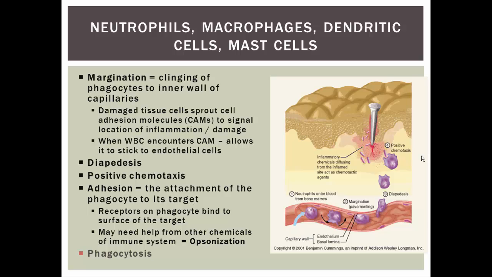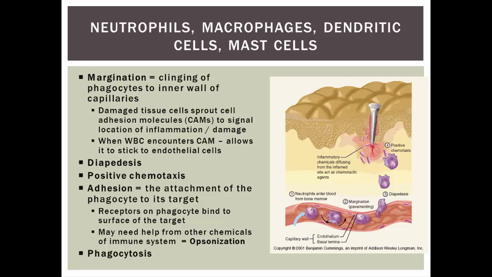They turn those little teeny handles of the bacteria into big handles, and now the neutrophil can grab a hold of these big handles and then be able to engulf the bacteria and get rid of it. Okay, so again, enhancing that ability to adhere to a pathogen is what's called opsonization. Then, of course, the last step is phagocytosis.